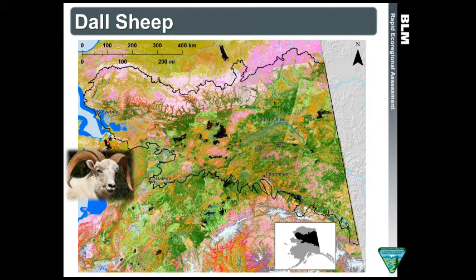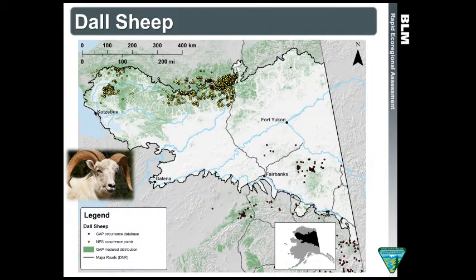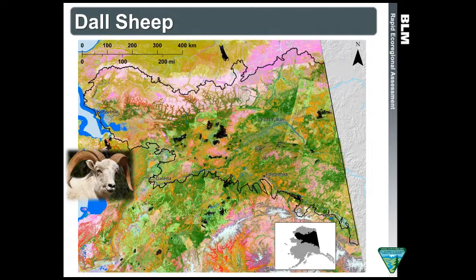So even if you look at these occurrence points, they may look like they're all on top of each other, but they're actually really tiny points that are in an area like this, they may look like they're all on top of each other, but they're actually falling in different habitat classes. So to merge them together or make these larger conglomerates, if we want to look at what habitat type is underneath it, it may then start picking up stuff that they're not actually using, if that makes sense.